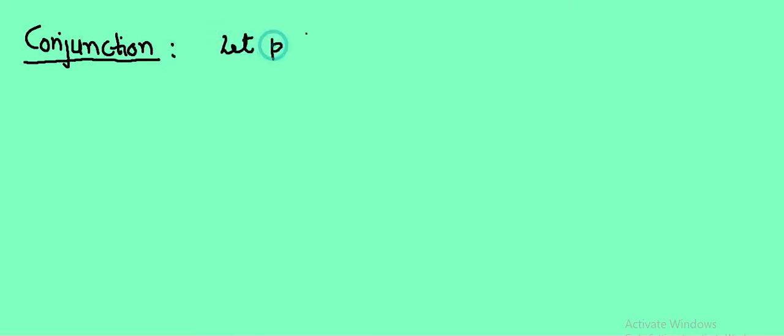So first of all, I will tell you the definition of conjunction, right? Conjunction. So what is conjunction? This conjunction is between two propositions, let P and Q, right?